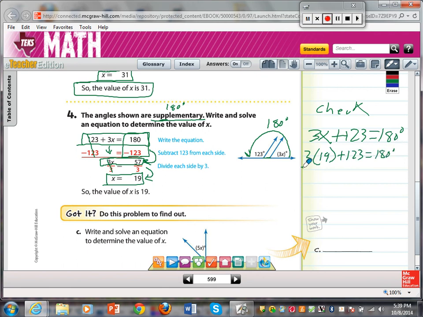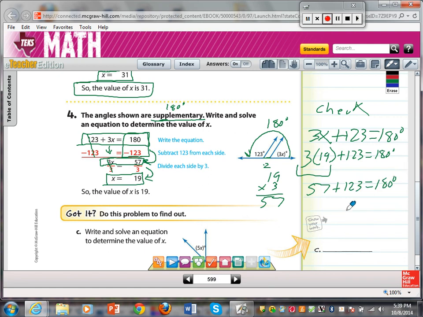All right, so 3 times 19, let's go ahead and do it on the side. We get 57 degrees. So then all this becomes 57 plus 123.